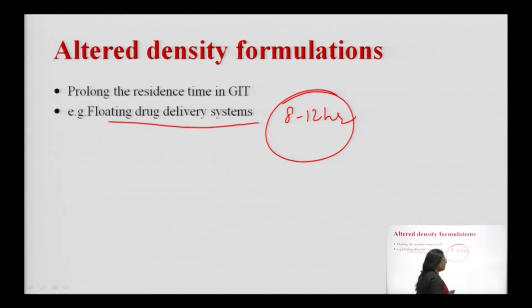These floating drug delivery systems are so important that they have been kept in 3rd unit of your syllabus and will be discussed in details there. So, these are all the approaches for designing controlled drug delivery preparations.